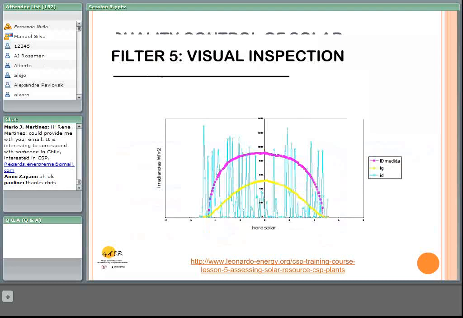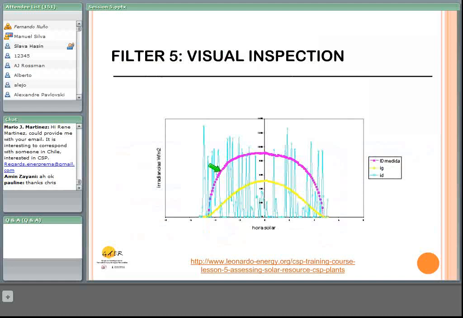For example, I've presented here a very clear case, but it's just one case. In this case, we can see the beam component is the magenta curve, the global horizontal, and the diffuse. The diffuse this day shows very clearly a problem. I don't know exactly what type of problem, but it's very clear that these measurements are wrong.